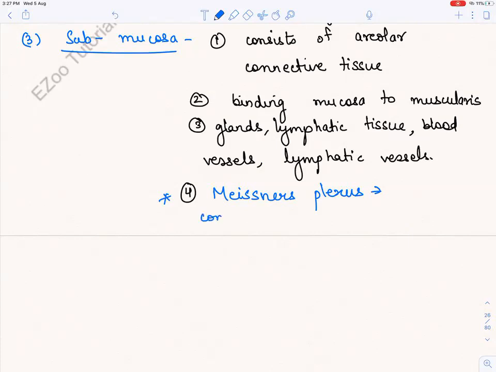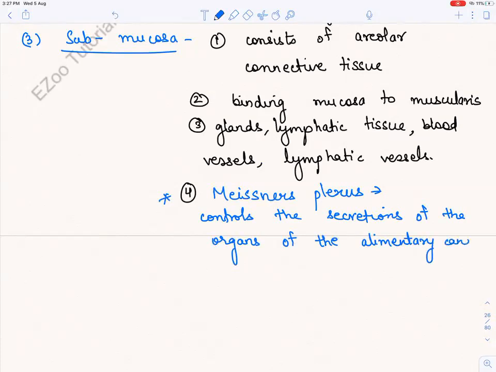That it controls the secretions of the organs of the alimentary canal. So the myenteric plexus was controlling peristalsis, and Meissner plexus is controlling the secretions of the organs of the alimentary canal. This is an important thing that you have to remember.